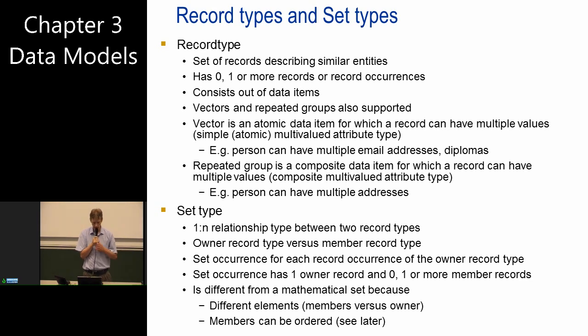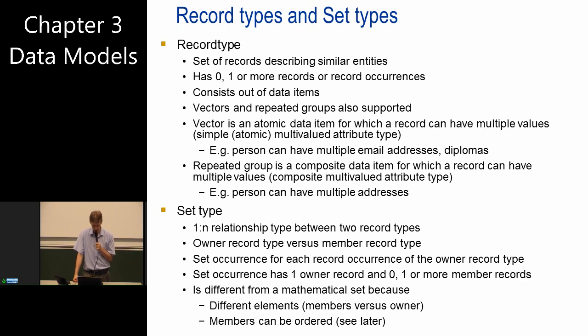A set type is the equivalent of a parent-child relationship type in the hierarchical model. And it's also a one-to-n relationship type between two record types. So very similar to the hierarchical model, although there are some differences. We're going to clarify that in a moment. The parent record type, we're going to refer to it here as the owner record type. And the child record type, we're going to refer to that as the member record type.